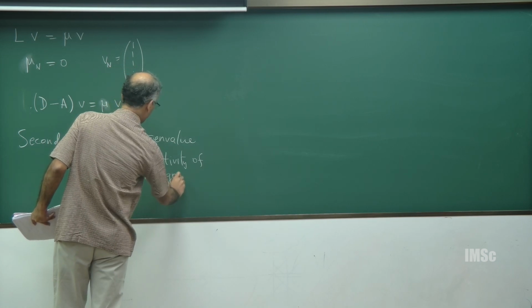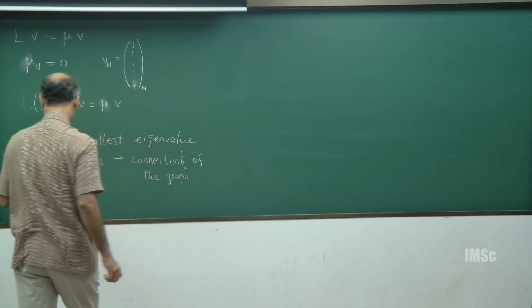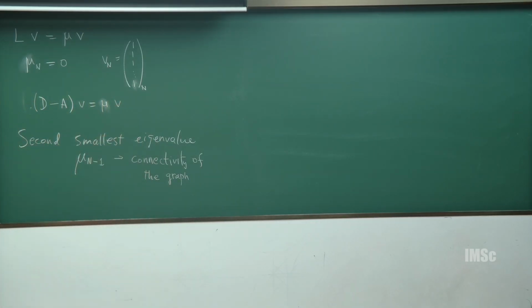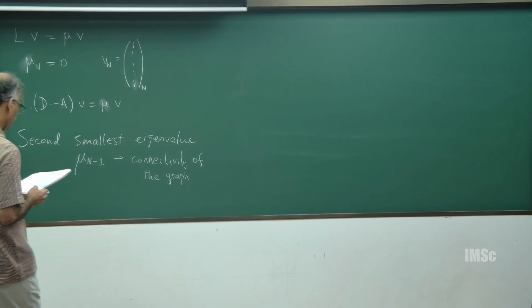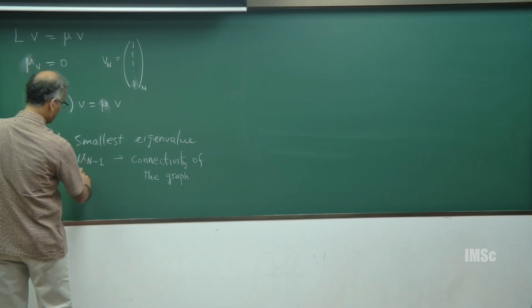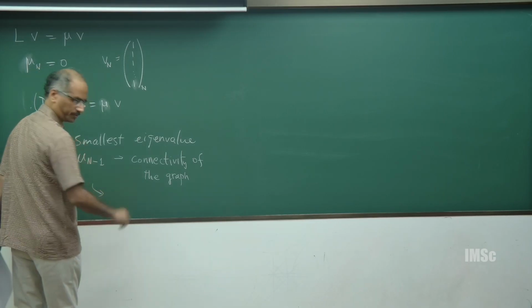So it will tell you about the connectivity of the graph that you are examining. Let us say for example that this number is a small positive number.